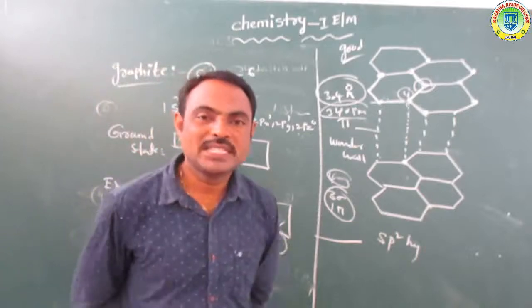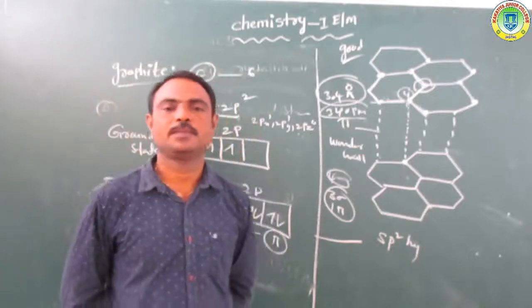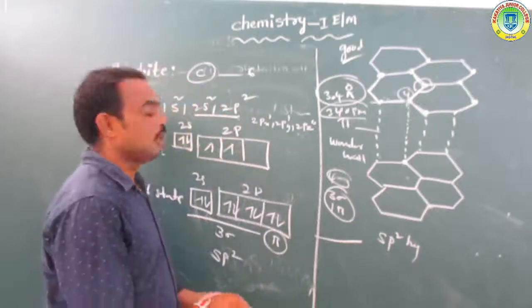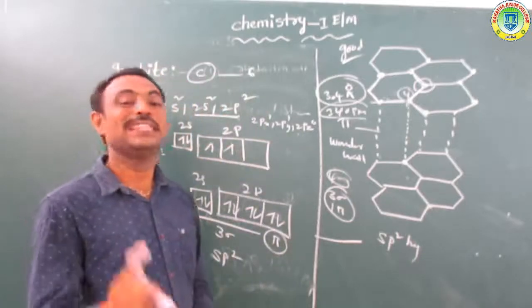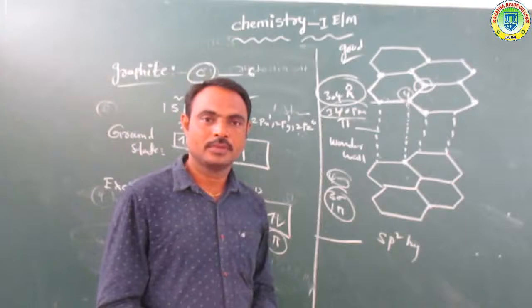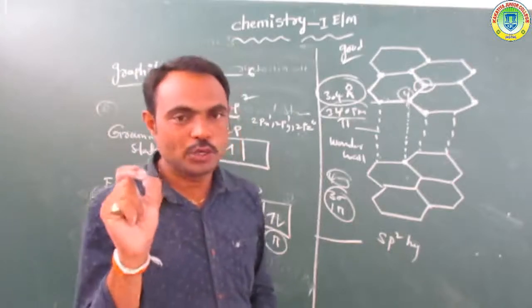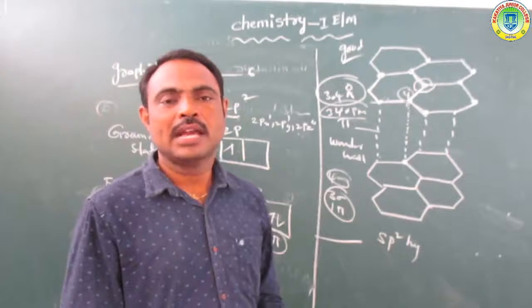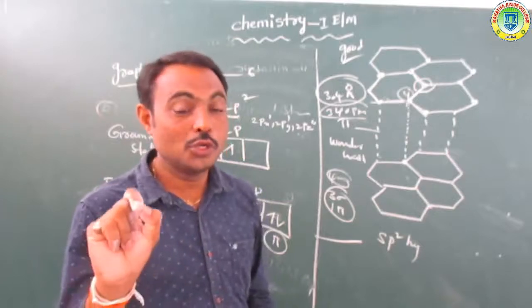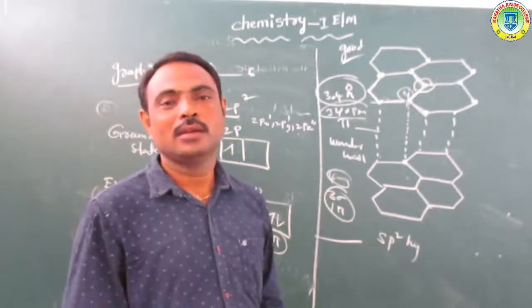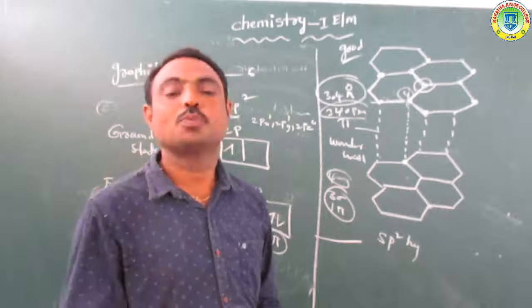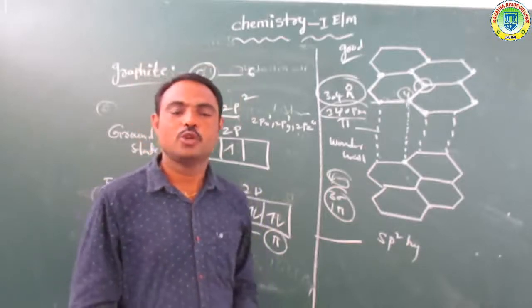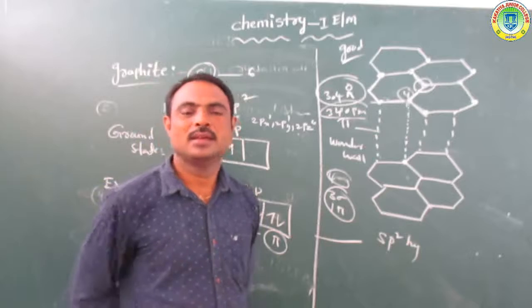What is the use of graphite? Graphite is mainly used in pencil lead. Second, graphite is used in the preparation of lubricants.